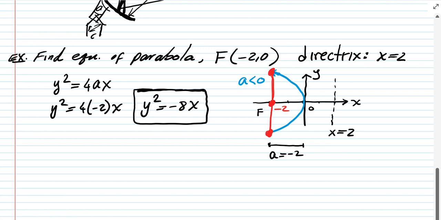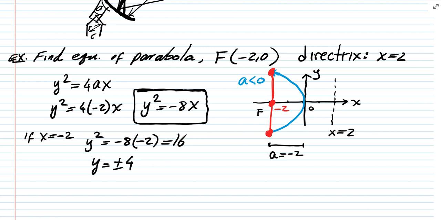So how are we going to find this? Well, if x is equal to -2, then we can plug in: y squared is equal to negative 8 times negative 2, and that gives me 16. Y must be plus or minus 4. So this point, because it's in the third quadrant, is going to be (-2, -4).